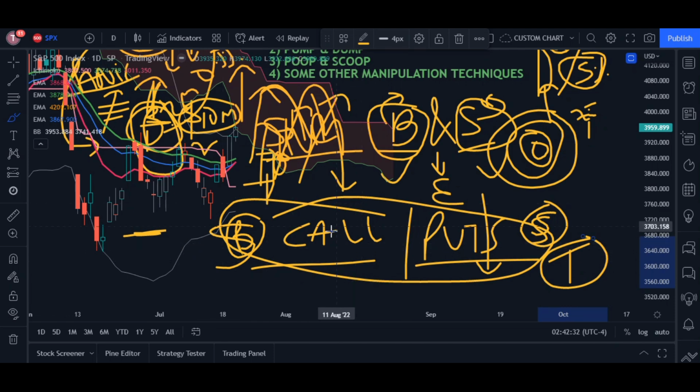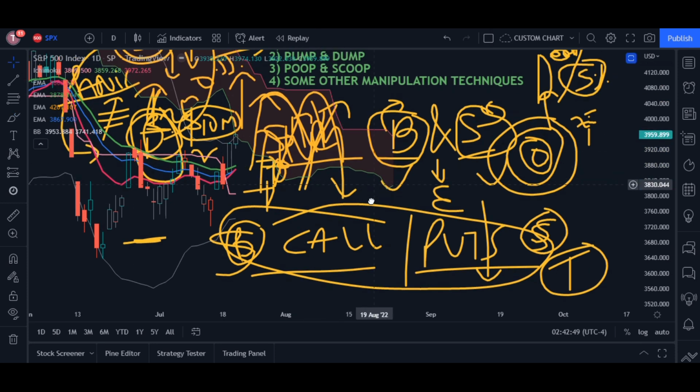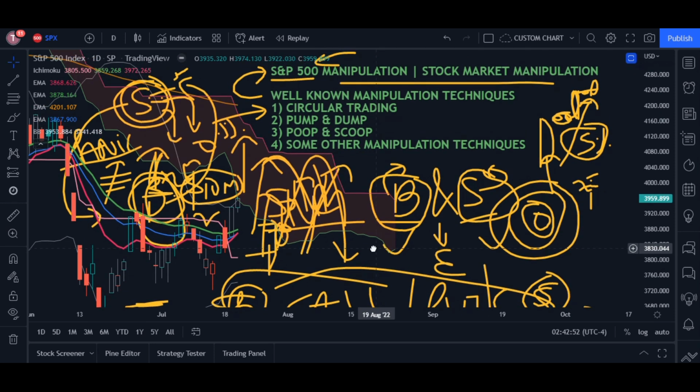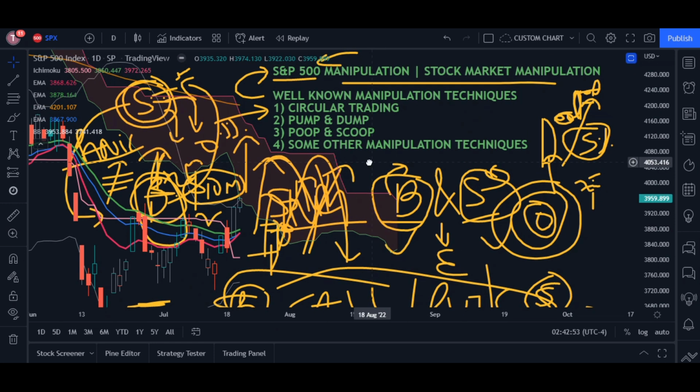Within 4 to 5 days there will be enough decay in the calls and puts, and because they have sold the calls and puts, they have already made a lot of money. Then the next week they will again participate in their activity, they will buy, sell, and so on. So this is how, through circular trading, one is buying and one is selling, and these manipulators are manipulating the market.